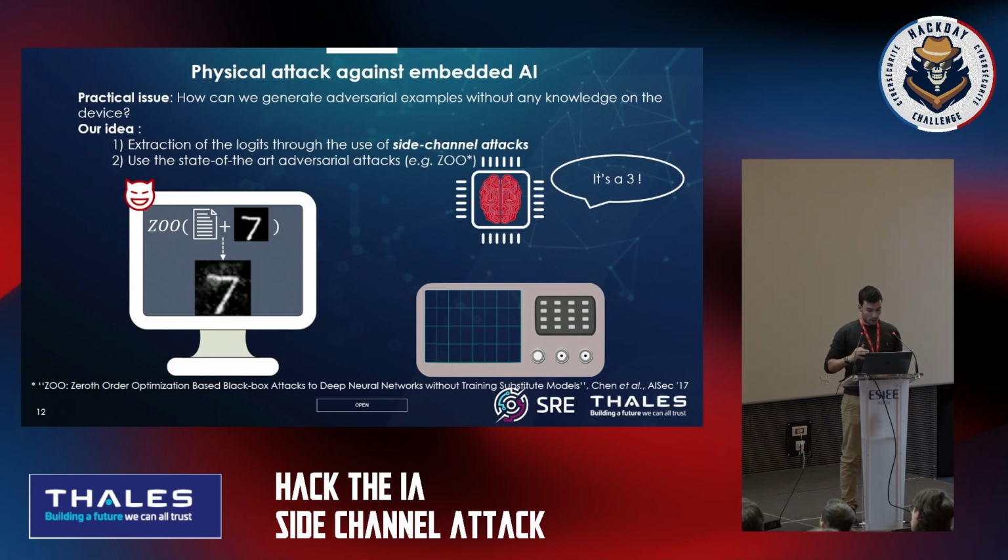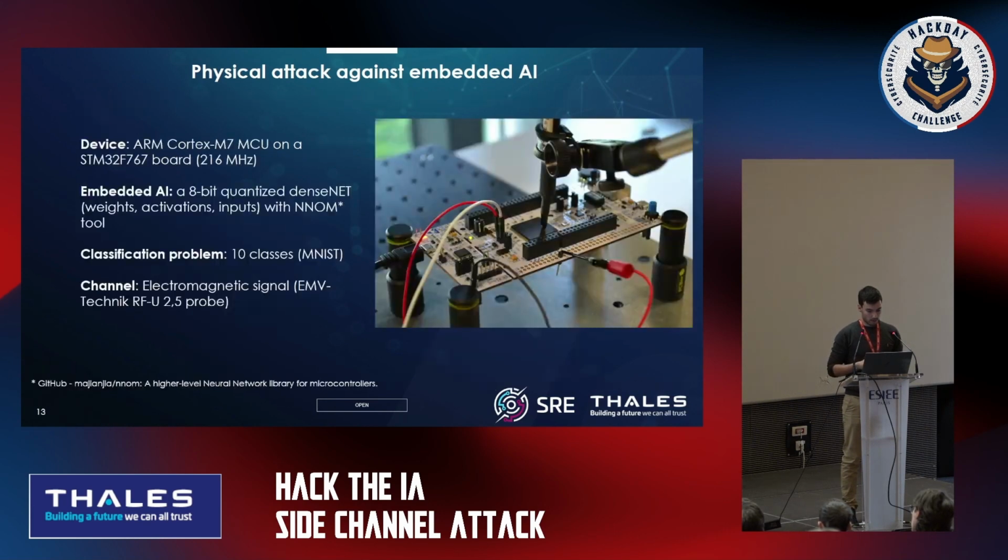So let's get deeper into the first phase, the extraction of the logits. During our experiment, we implement an artificial intelligence into this device, which is an ST microcontroller. This device can be bought on the market easily.